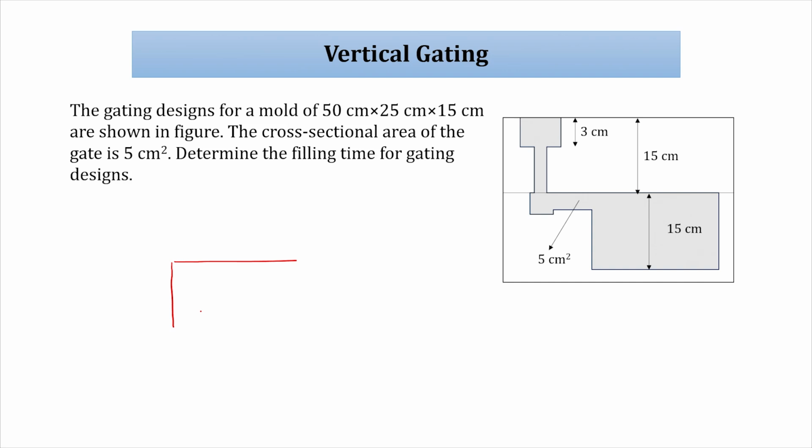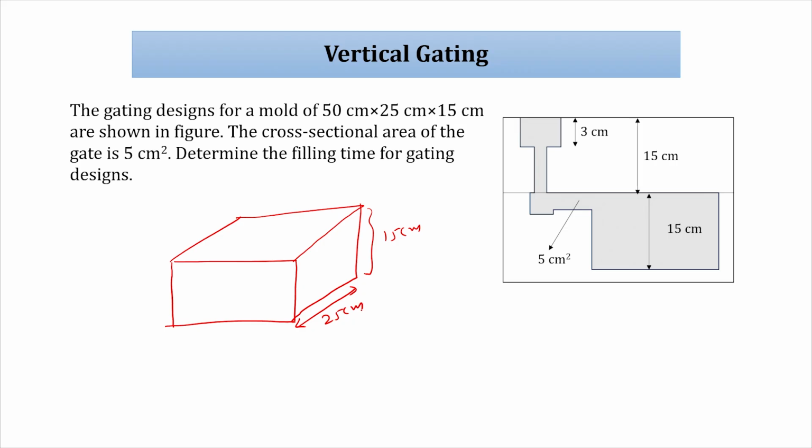We have to cast this; the height is 15 cm, this is 25 cm, and this is 50 cm. So, volume of casting equal to 50 into 25 into 15 cm cube, as shown in the figure.